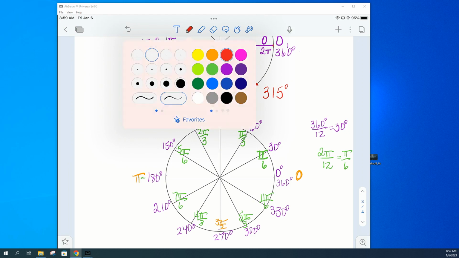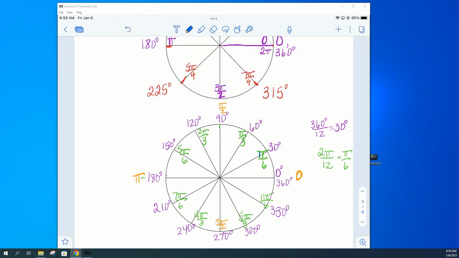I'm going to change these into different colors for you to notice something: once I do the reducing, all of the pi over 6s are close to the x-axis. That kind of sounds silly, but it helps me remember. Pi over 6 has an x in it, so those are the ones by the x-axis, and the pi over 3s are the ones by the y-axis.